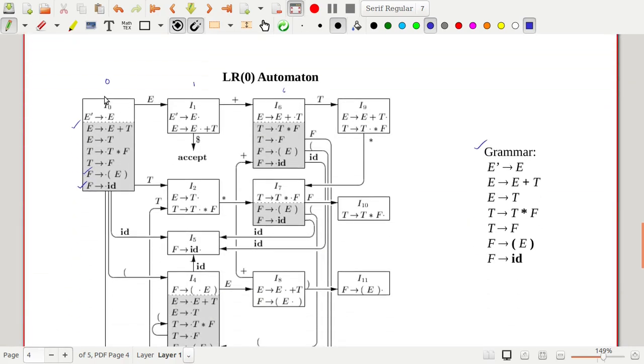So here the non terminals are E, T and F. We can consider one case, this one, E dash gives E dot. We can consider E is coming after the dot; similarly T and F, all these non-terminals are there after dot. So what we have to do, the algorithm is like this.